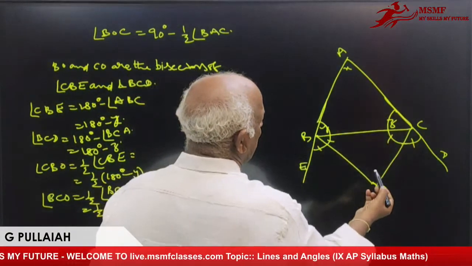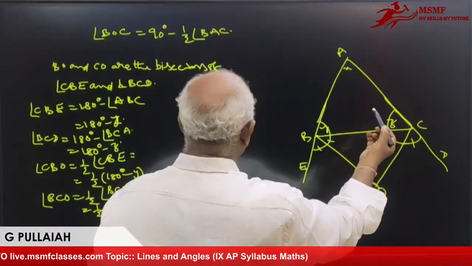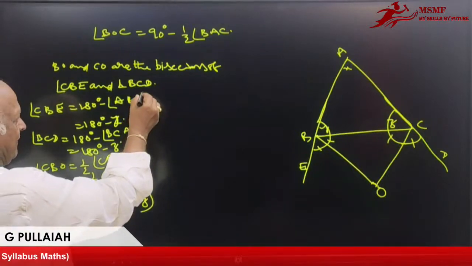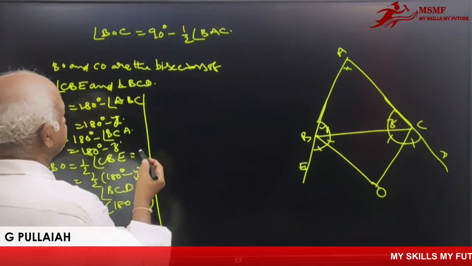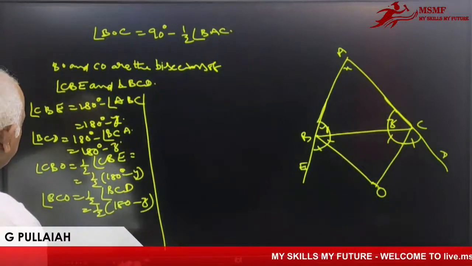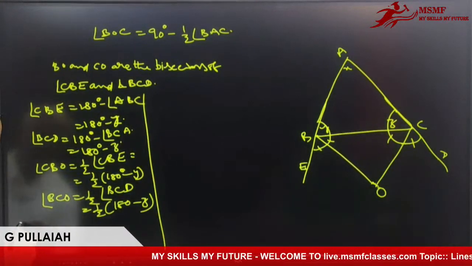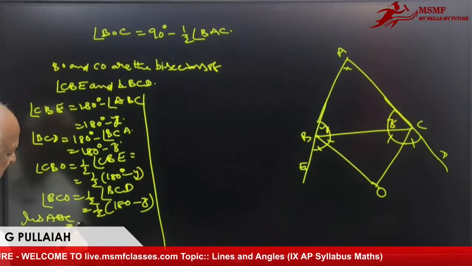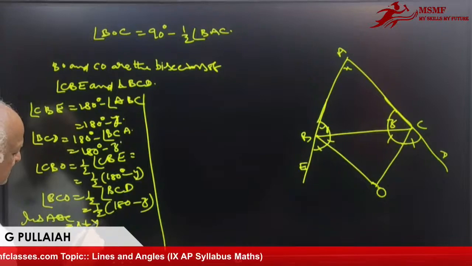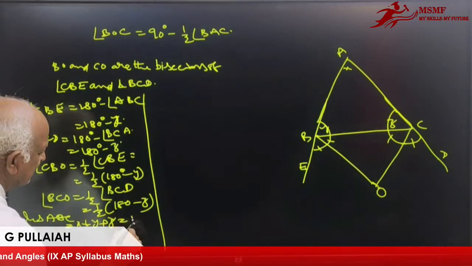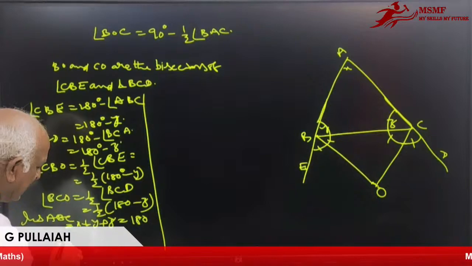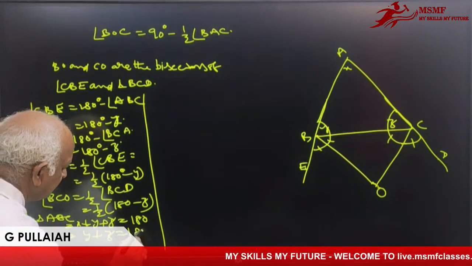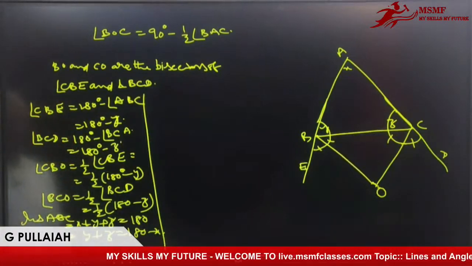Angle BCO is half of 180 minus z. Now if you take again here angle ABC, x plus y plus z is equal to 180. Here you can say y plus z is equal to 180 minus x.